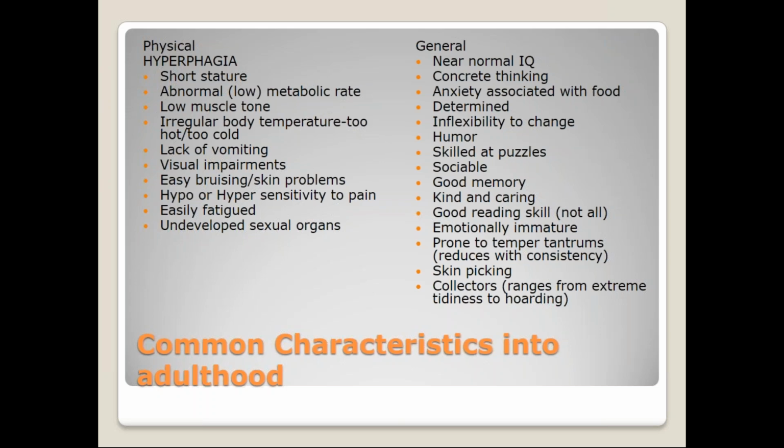It may not be immediate, but for instance, as we get into other things that go on, for example, there's lack of vomiting in adults with Prader-Willi syndrome. It's bizarre in that a person can eat and eat and eat until their stomach will actually perforate. They won't feel the discomfort of the distension like those of us who don't have Prader-Willi syndrome. So therefore, that's part of the lifelong, life-threatening situation.